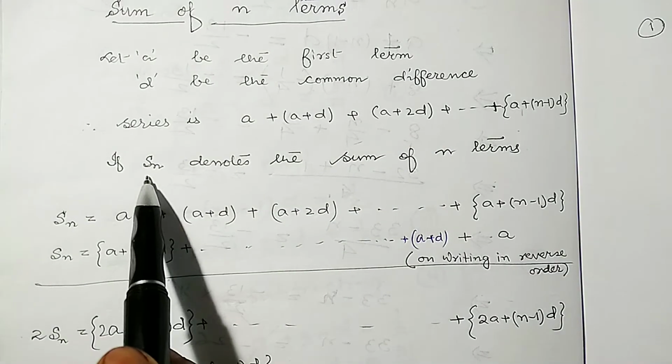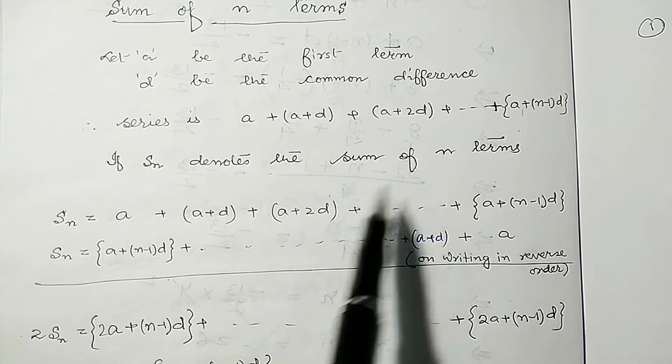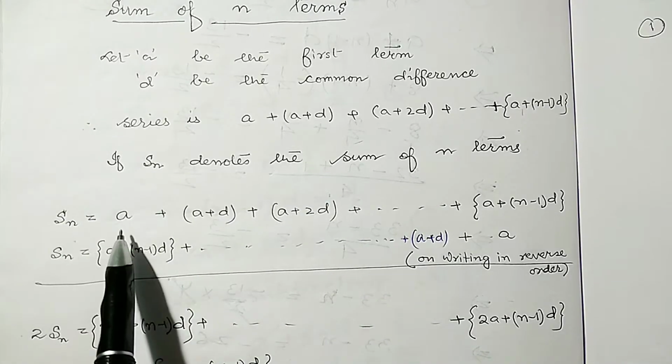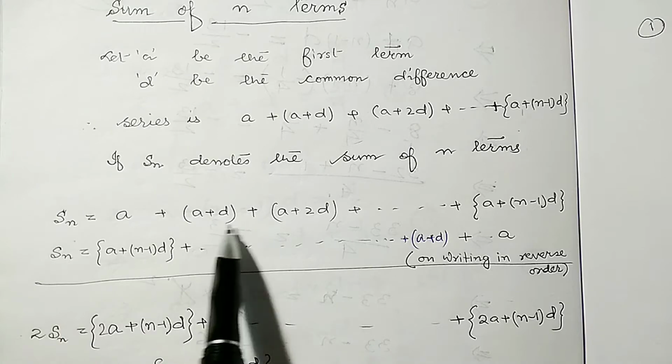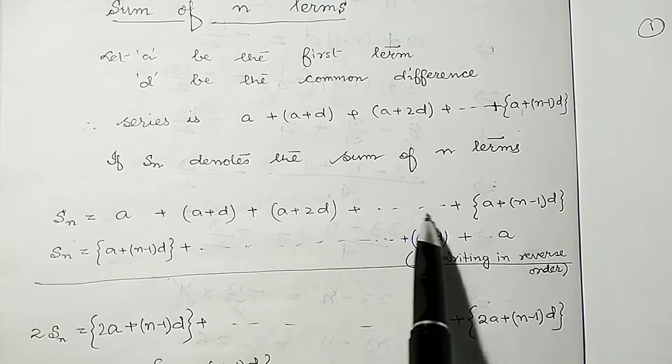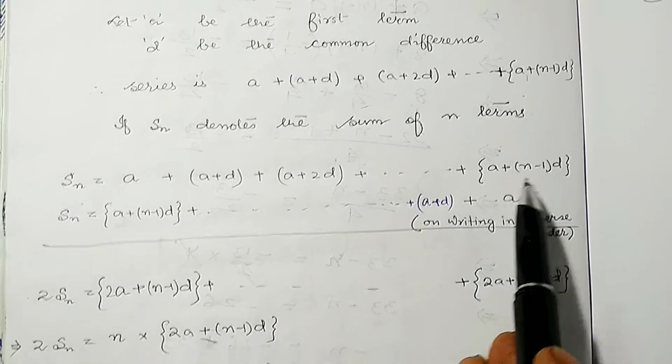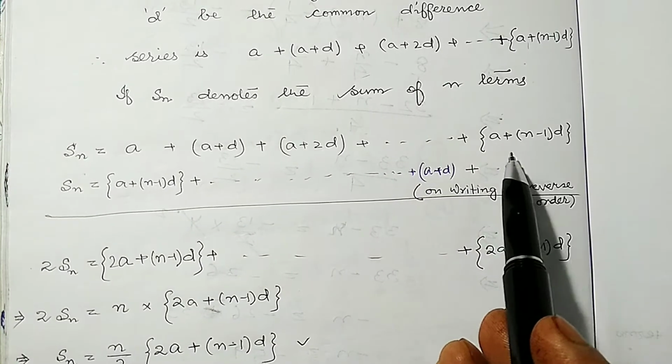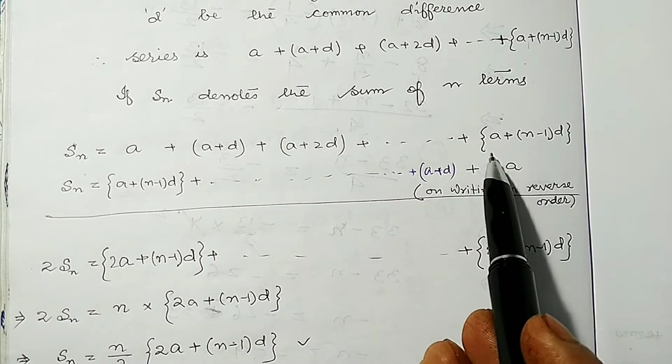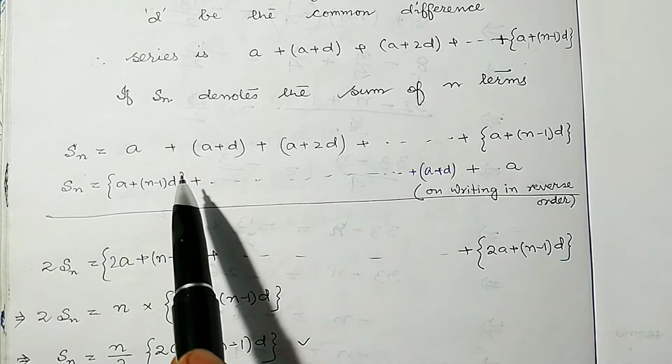So if I write Sn is the sum of n numbers or n terms, so I can write Sn equals to A plus A plus D plus A plus 2D plus, it will continue up to A plus n minus 1 into D.